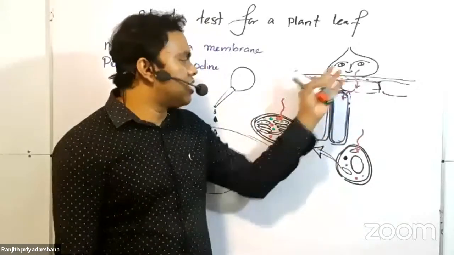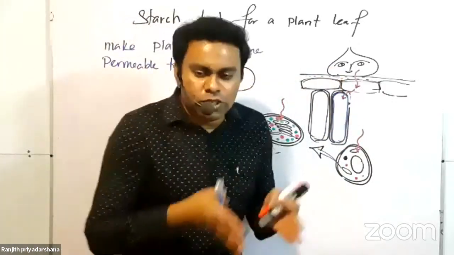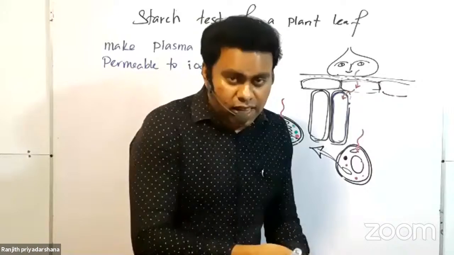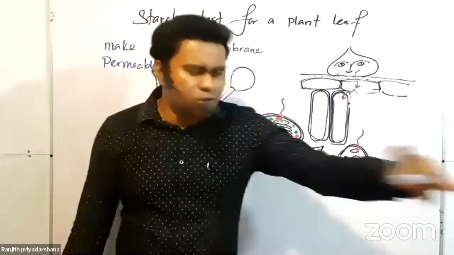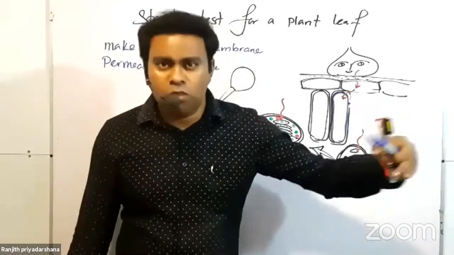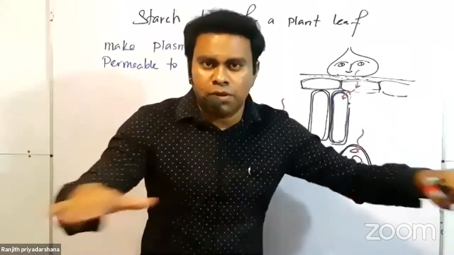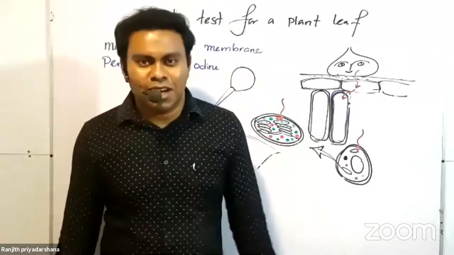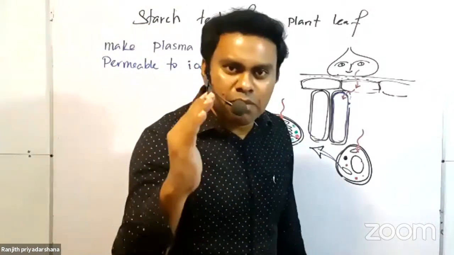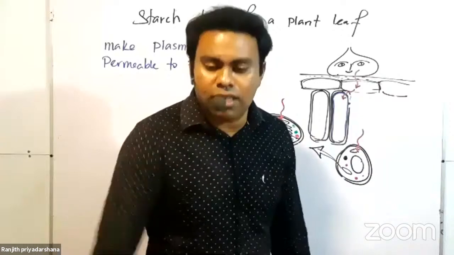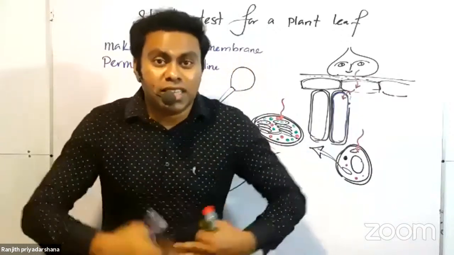Because iodine says, I want to go into the cell, but this plasma membrane does not allow me to go. That means the plasma membrane is not permeable to iodine. Yes, how to tell that? The plasma membrane is not permeable to iodine. Yes, how to take that permeability?